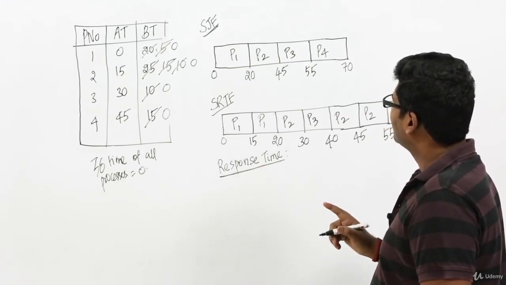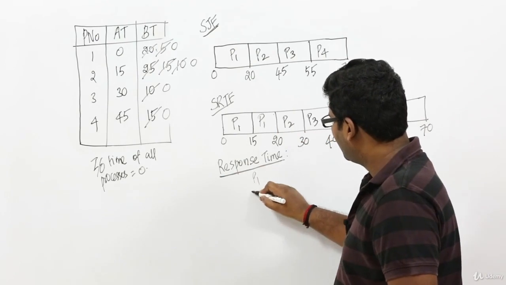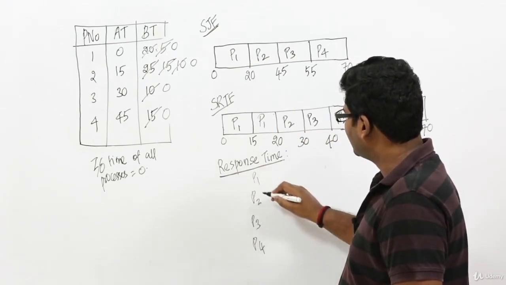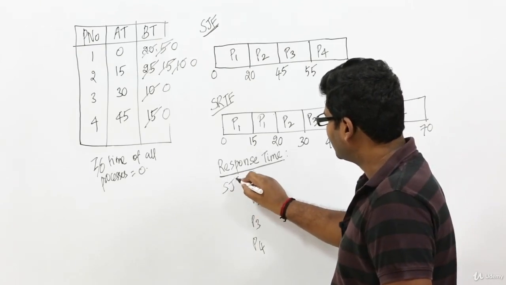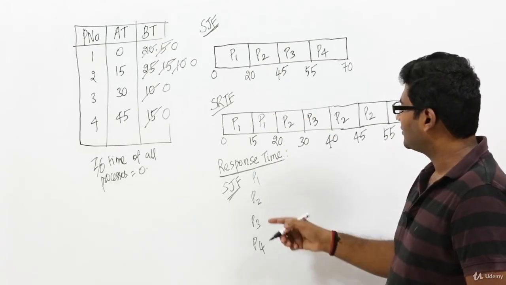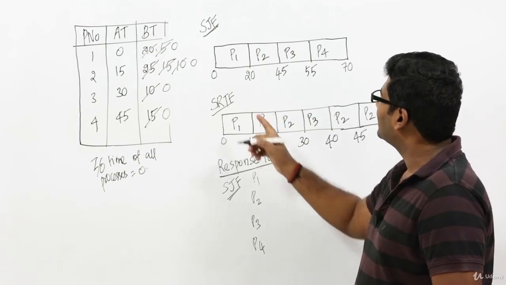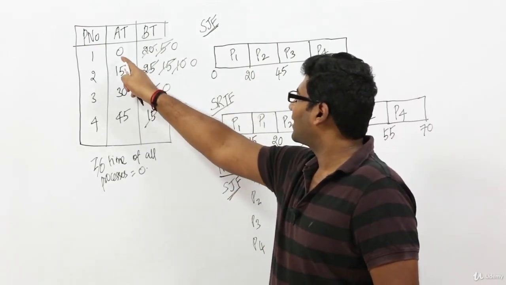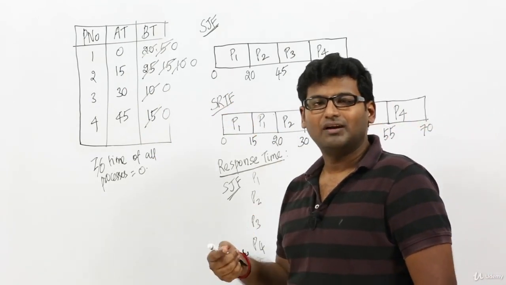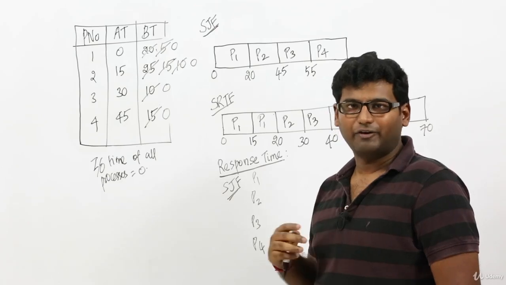Now let's calculate the response time for every process, P1, P2, P3 and P4, considering SJF. P1 arrived in the RAM at time unit 0 and got the CPU at time unit 0 itself, which means before getting the CPU for the first time, P1 has not waited for any time.